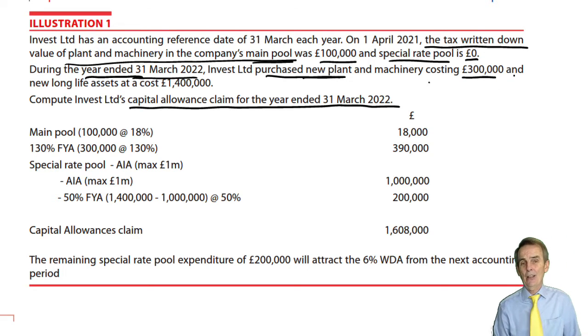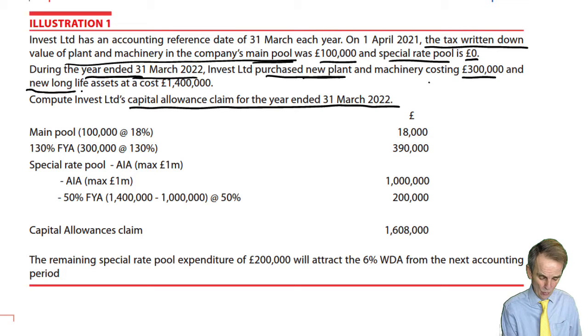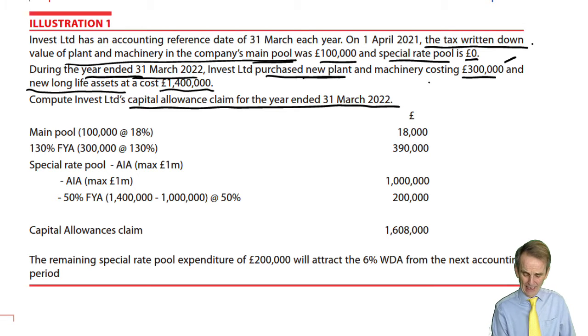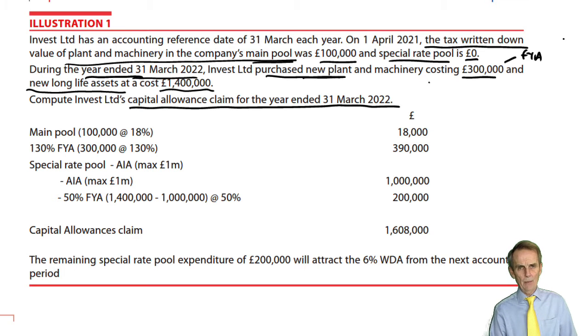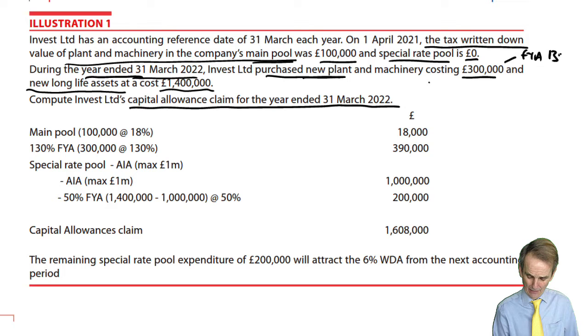Now again, if it's going to be special rate rather than normal main pool expenditure, they're going to tell you exactly what it is, and that's what happens next. New long life assets at a cost of 1.4 million. So that 300,000 there, of course, we're going to get our first and hugely beneficial enhanced capital allowance, the first year allowance of 130%.